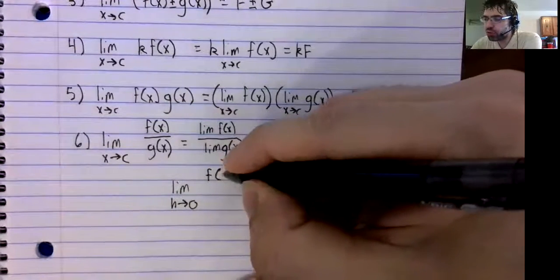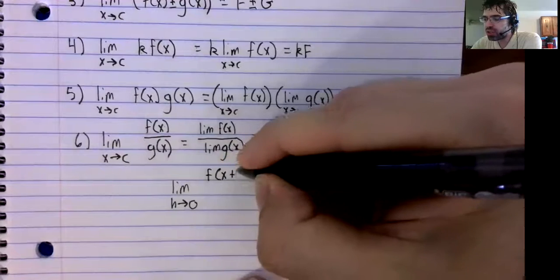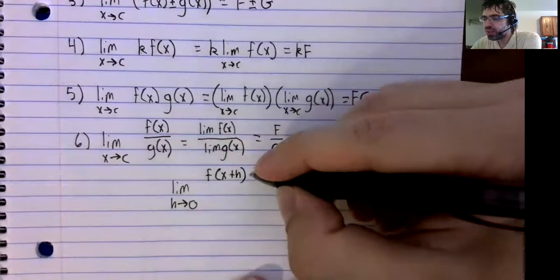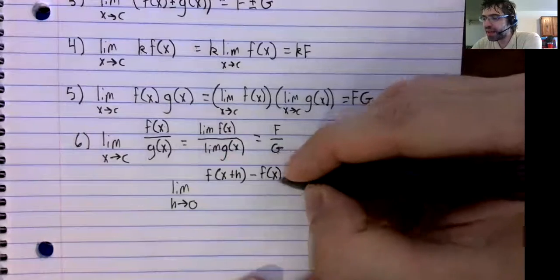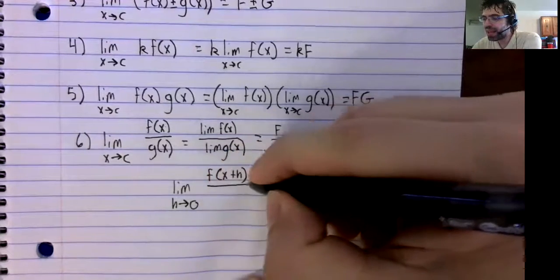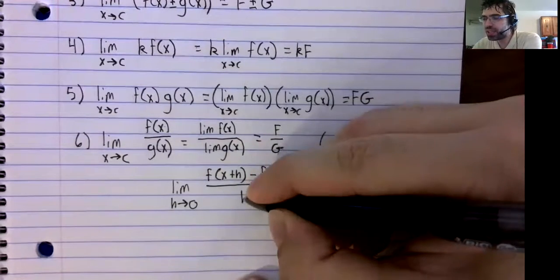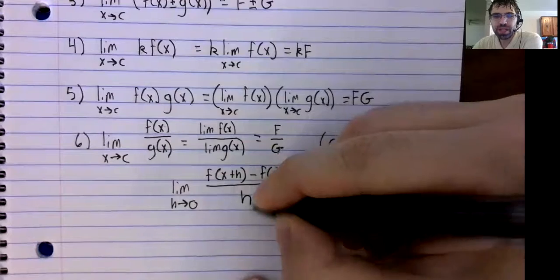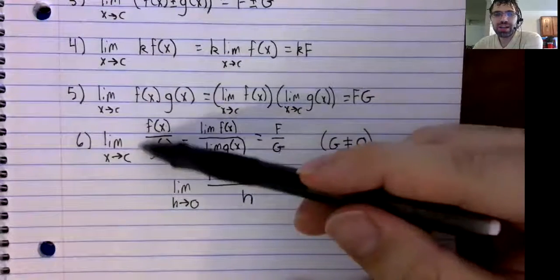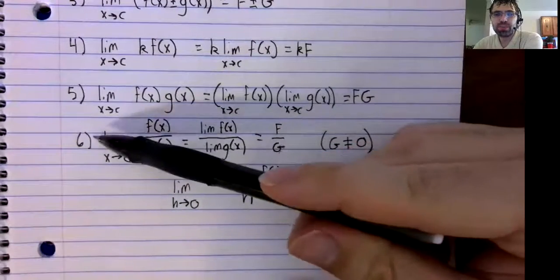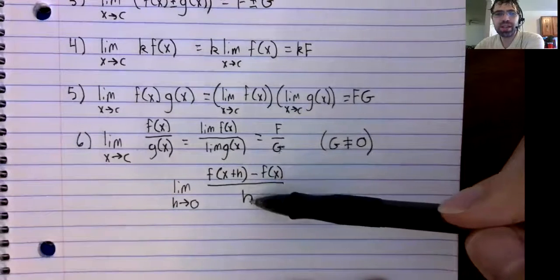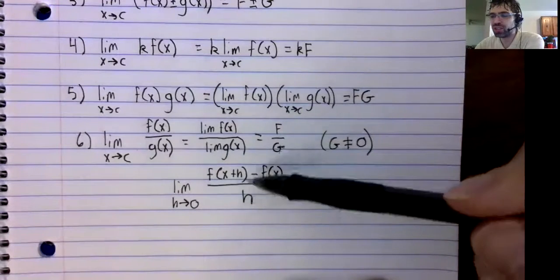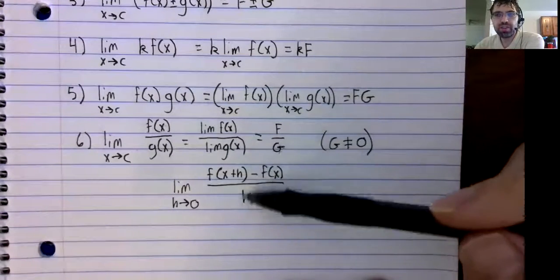So these rules work precisely when we don't need them and fail when we do. And a good example of that would be this sixth rule applied to this limit. You've seen this before.